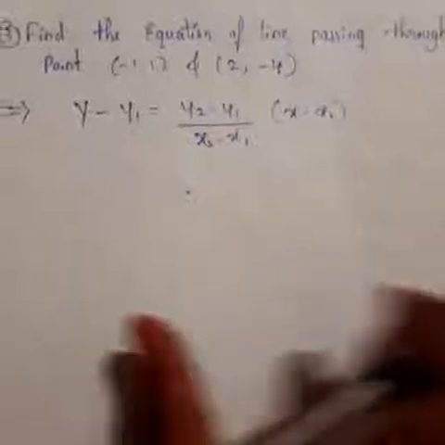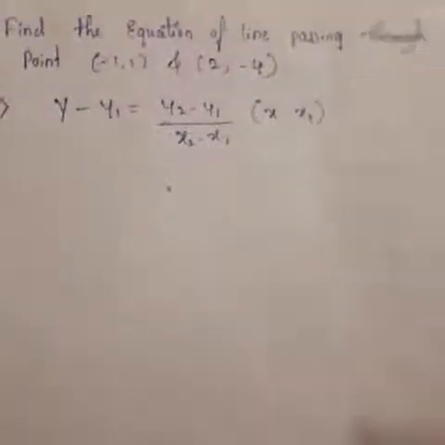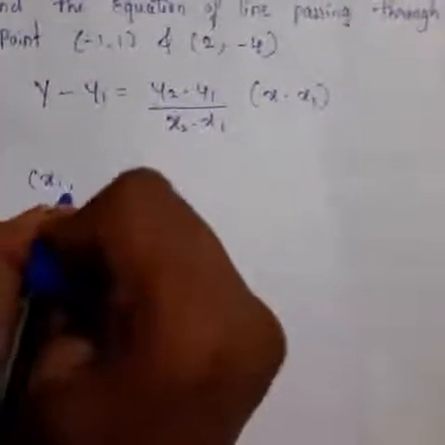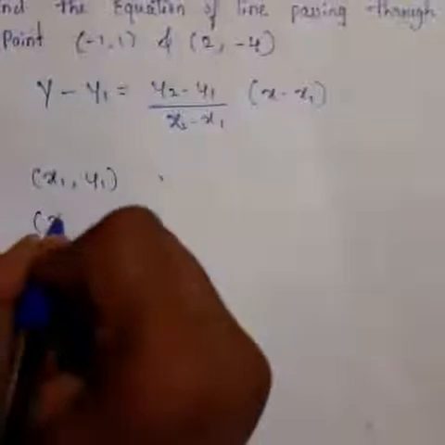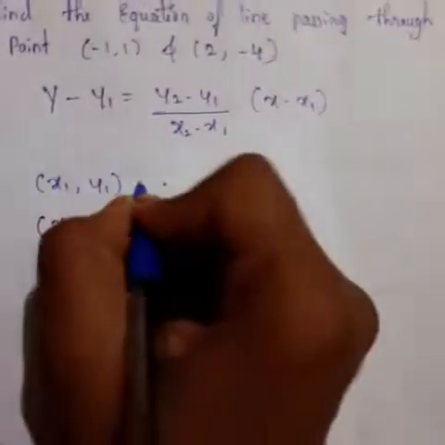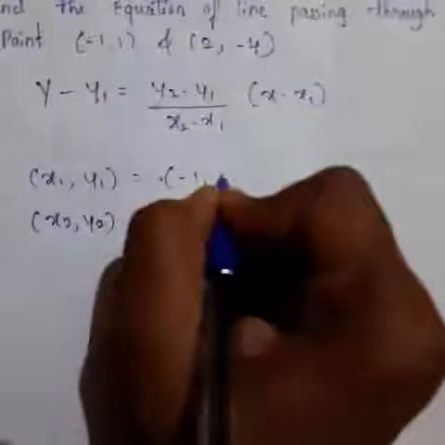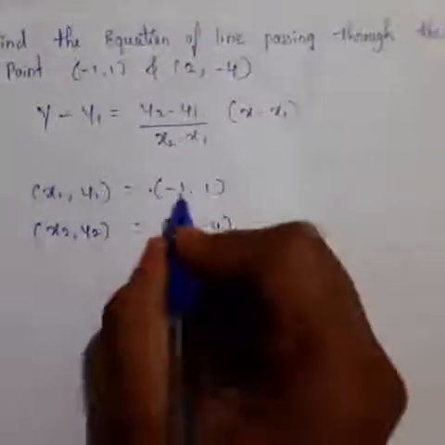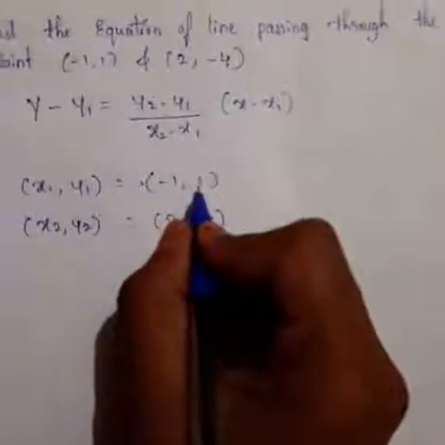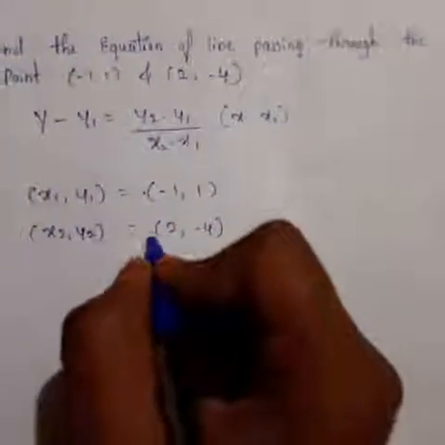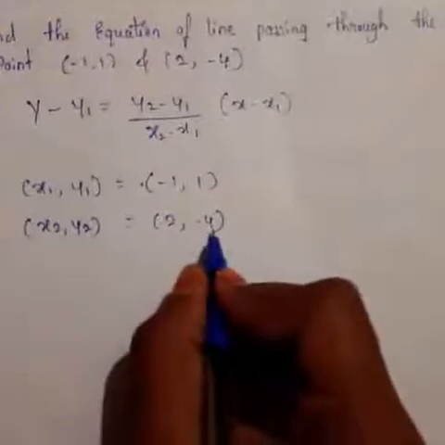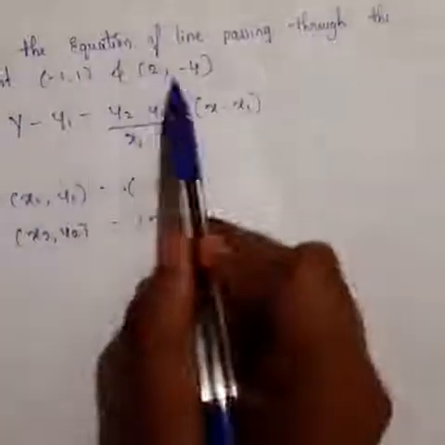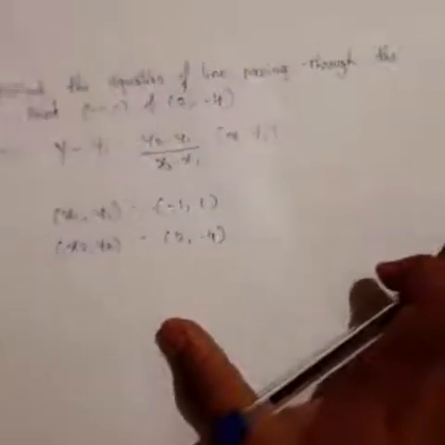You all know this formula already. See here, they are given 2 points, that is x1 comma y1 and x2 comma y2. x1 comma y1 is -1 comma 1, and x2 comma y2 is 2 comma -4. That is x1 is equal to -1, y1 is equal to 1, x2 is equal to 2, y2 is equal to -4.